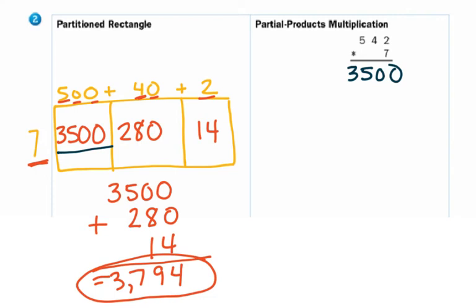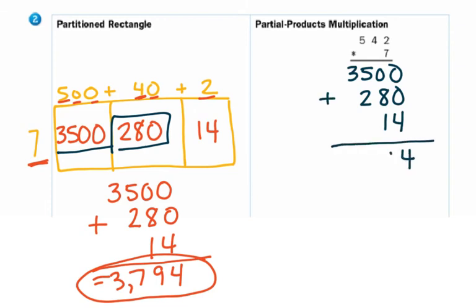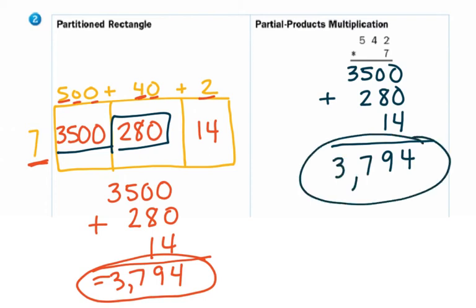Then I take it to the next largest place value, the 4. 7 times 40 is 280. Same as this. And lastly, the smallest place value, 7 times 2, 14. I add all of those numbers up to get an answer of 3,794. So as you begin to do this, I want you to figure out which one works best for you.